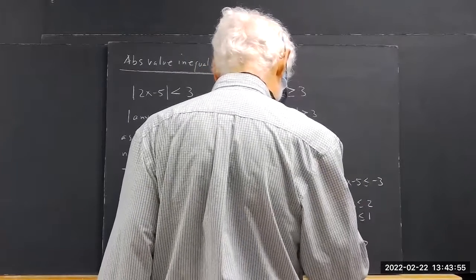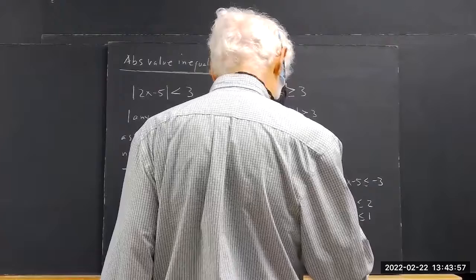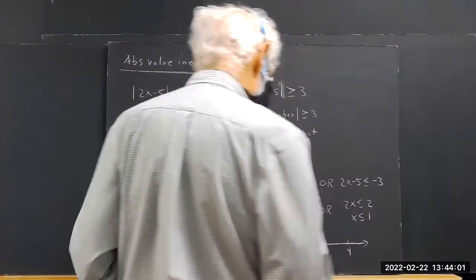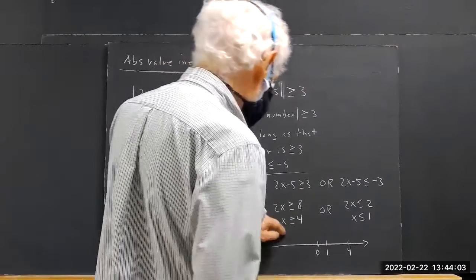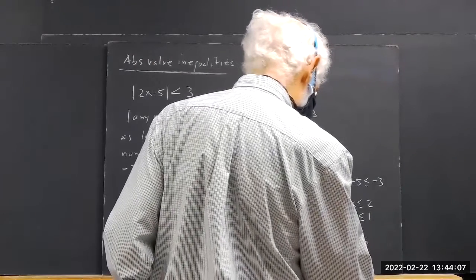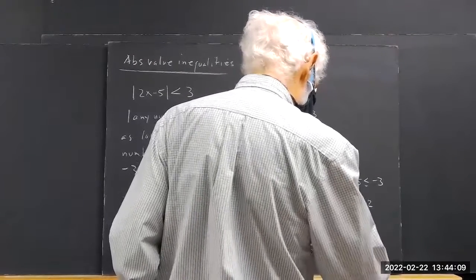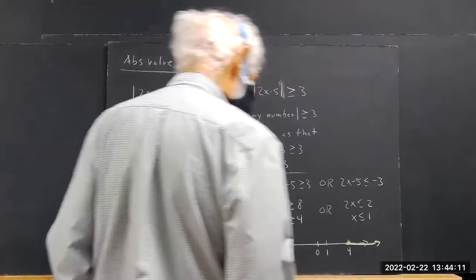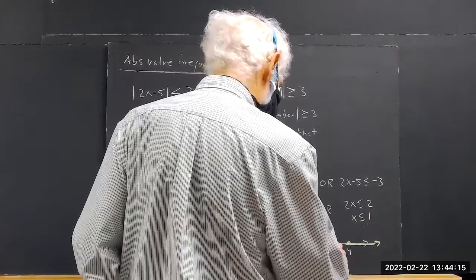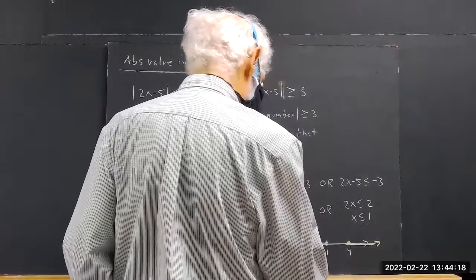Here's our x, and here's 0. And here's 1. And here's 4. x greater than or equal to 4 includes 4, so I put a closed dot here, and all numbers to the right. And x less than or equal to 1 includes 1, and all numbers to the left.